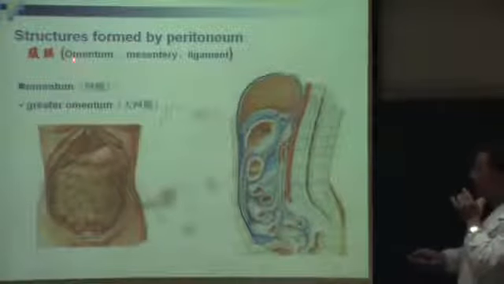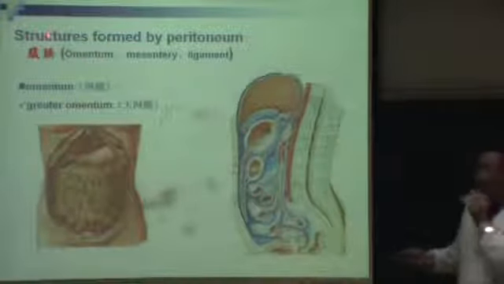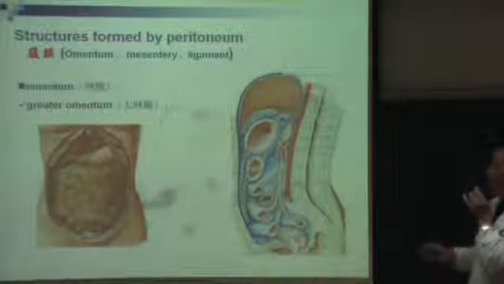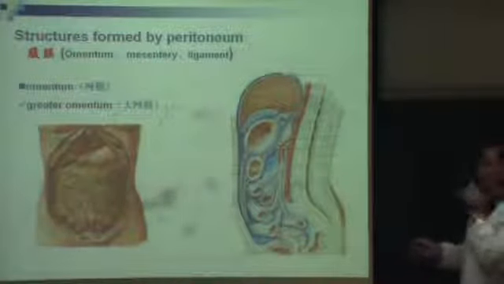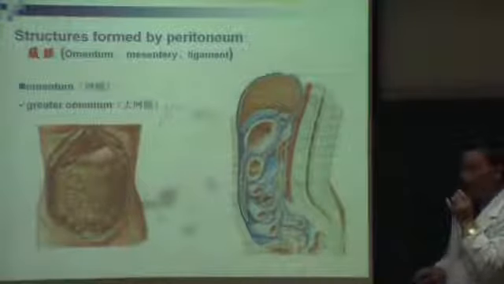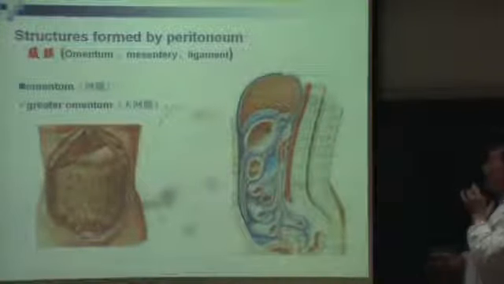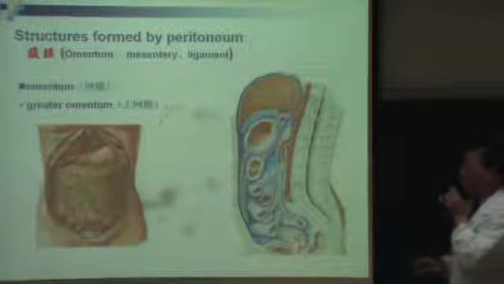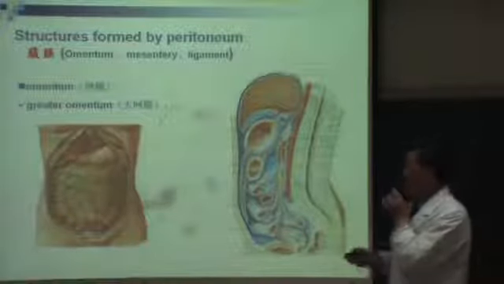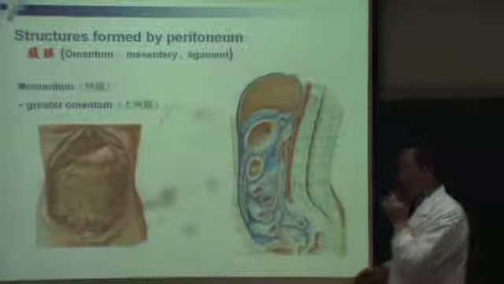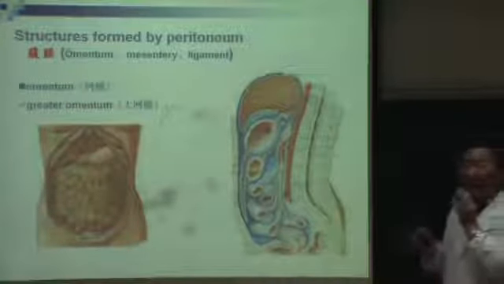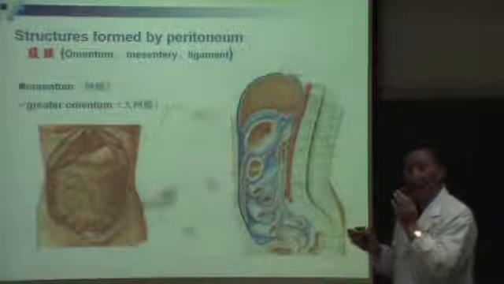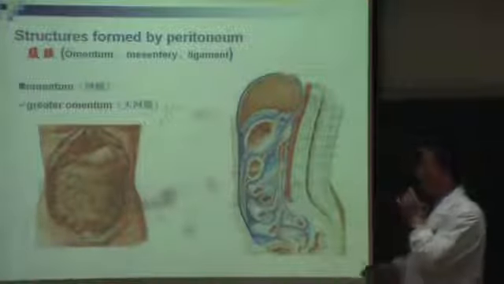They are the omentum, mesentery, what's this? 系膜, and ligament. Yes. First of all, we should know the omentum. The omentum includes 2. One is greater and another is lesser omentum.